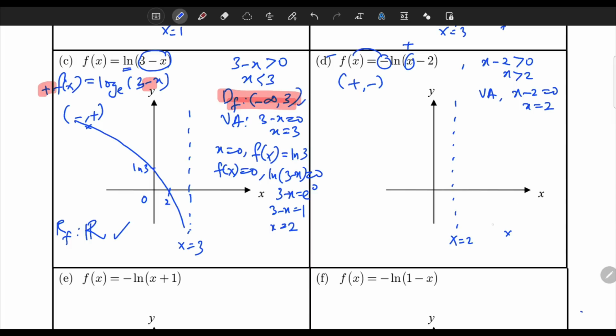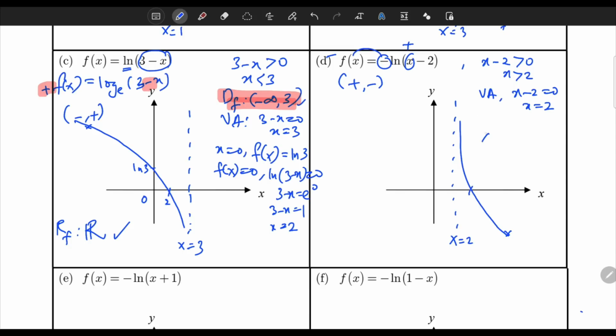So we know that the graph cannot cut the vertical asymptote. So the graph will be something like this. So it only has one intercept, which is the x-intercept. So let's find it.